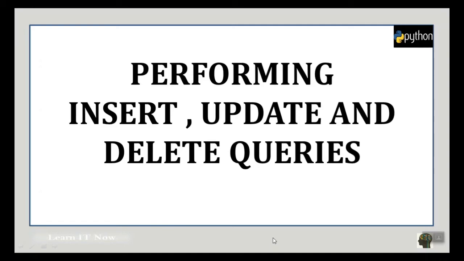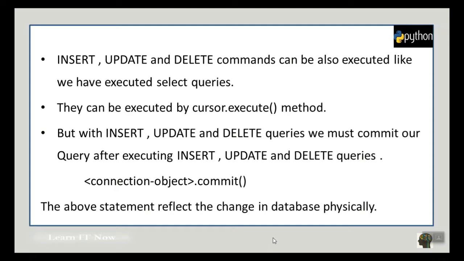Hello everyone, in this part of the video tutorial we'll be seeing how to perform insert, update and delete queries through Python to MySQL. Insert, update and delete commands can be executed like we have executed the select queries in part 2 of the video. They can be executed by the cursor.execute method.